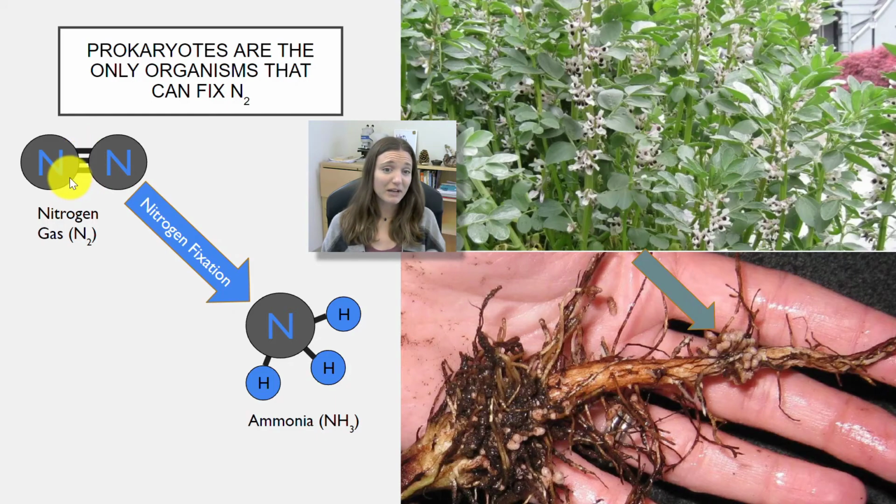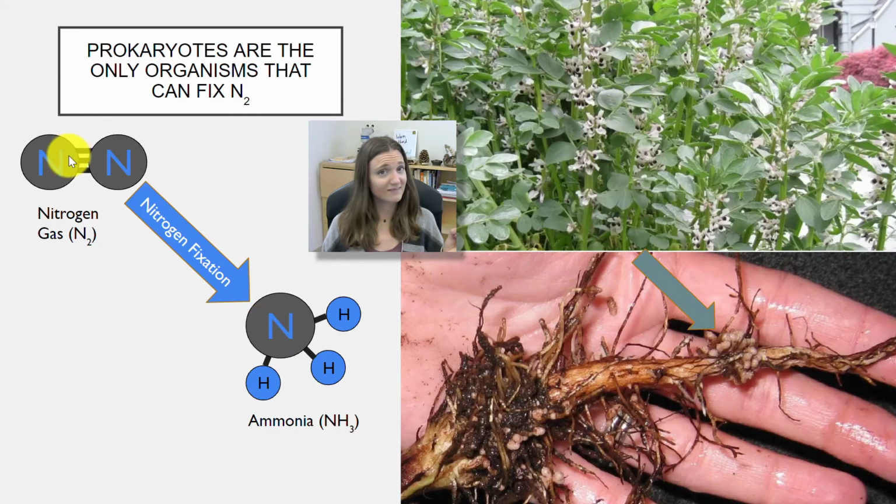But some prokaryotes, like we see these little root nodules right here on the roots of this plant, these are prokaryotes that can turn this gaseous nitrogen with that triple bond into ammonia. And ammonia is a usable form of nitrogen. Living organisms can use this and then recombine this ammonia to build nucleic acids, to build proteins and amino acids, things like that.